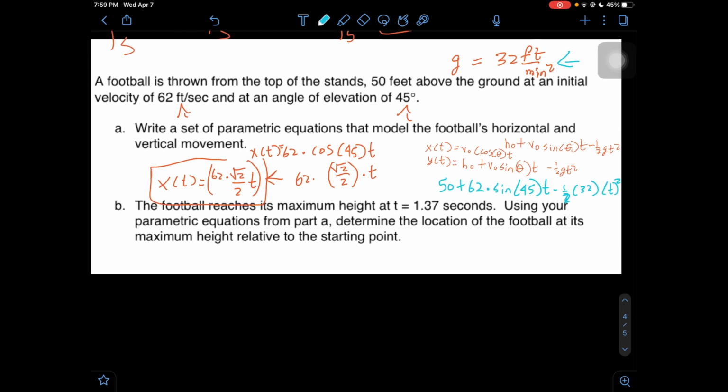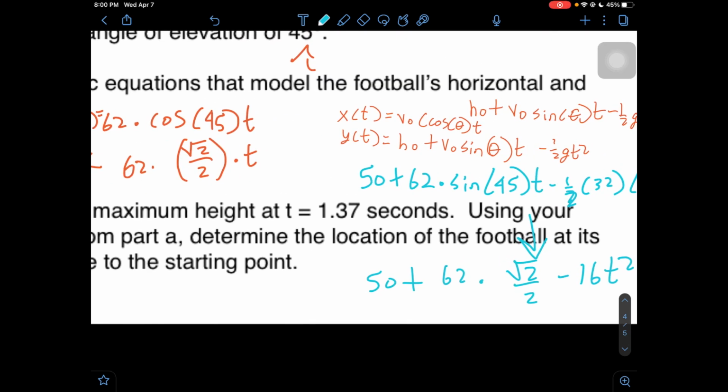Now we can simplify this down. We know that sine of 45 is also square root of 2 over 2, so we have square root of 2 over 2 times 62, plus 50, minus 1/2 times 32, which is 16, times t squared. This essentially means we have 62 times square root of 2 over 2.